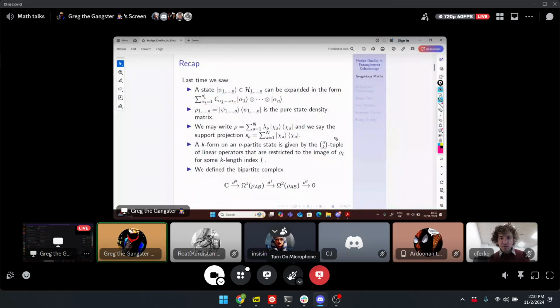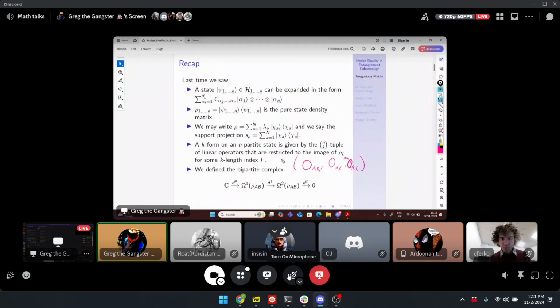So for example, if we're looking at a 2-form on H_ABC, 3 choose 2 is 3, so it'll be a 3-tuple, if you will. And what will it be? Well, since it's a 2-form, we choose all the different combinations of linear operators that act on, like AB, then we'll have AC and BC.